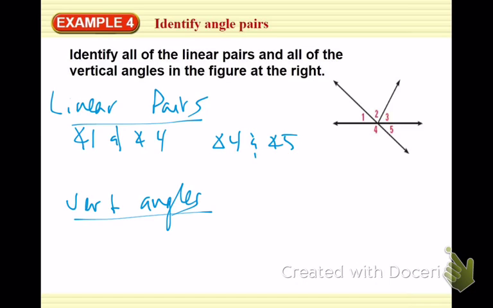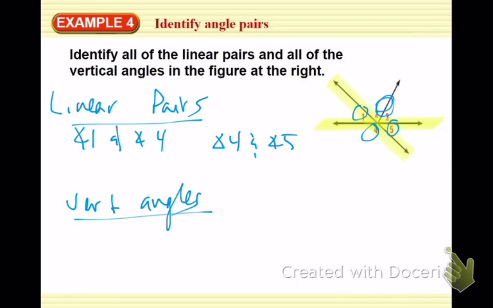So hopefully that helps. Vertical angles. Again, look to trace out some x's. Well, here's one. And I need the angles that are back to back within that x. The only ones I can use are 1 and 5. There's an angle 4 that's in this x, but there are 2 angles that are to the back of it.